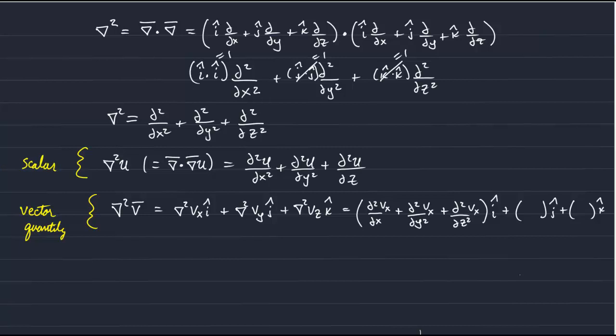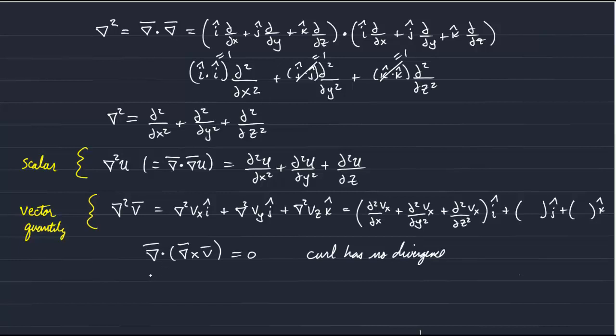So I'd like to show just two more identities. If we take the divergence of a curl of a vector, then that's always equal to 0. That is, the curl has no divergence. A curl of a vector has no divergence.